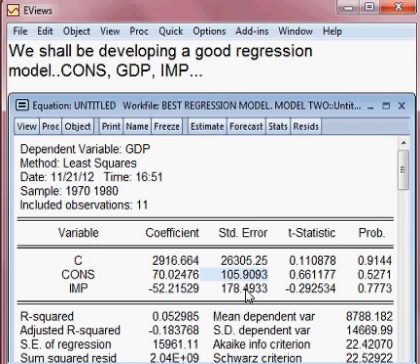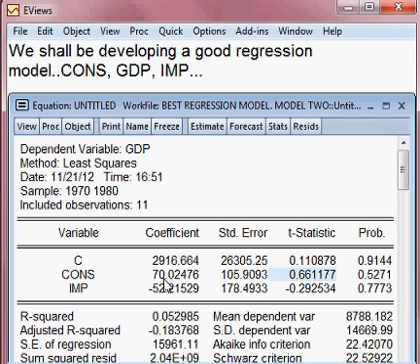Now if I divide the coefficient 70.02 by standard error 105.90, I get the t statistic, that is 0.66. What is the formula of t statistic?